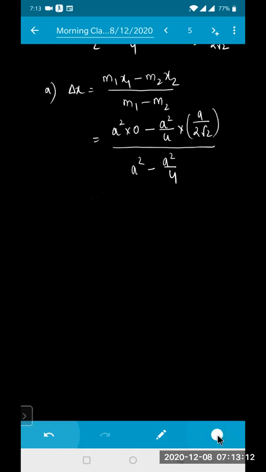The a squares cancel, so this becomes minus a by 4 into 2, 8 root 2, divided by 1 minus 1 by 4, which is 3 by 4.